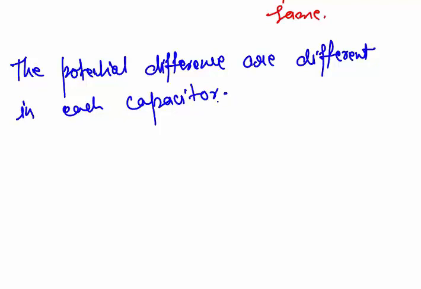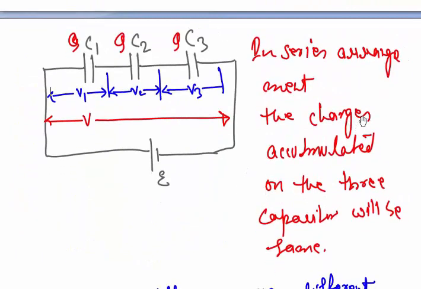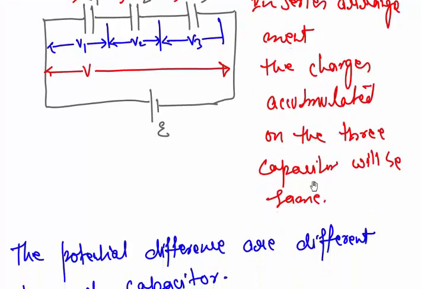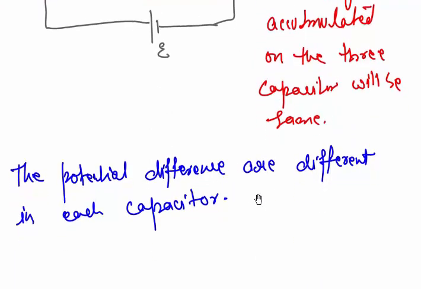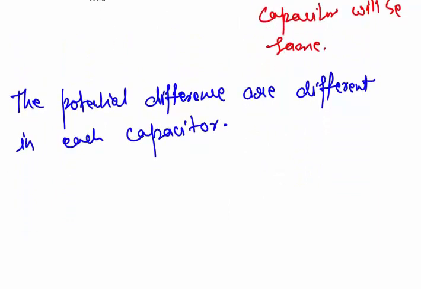So the first and foremost basic point, I'll repeat: in series arrangement the charges accumulated on the three capacitors will be the same each, and the potential differences are different in each capacitor. It implies V is equal to V1 plus V2 plus V3.